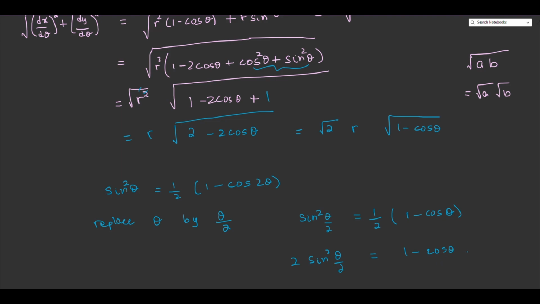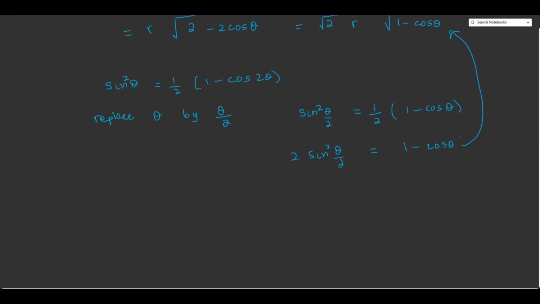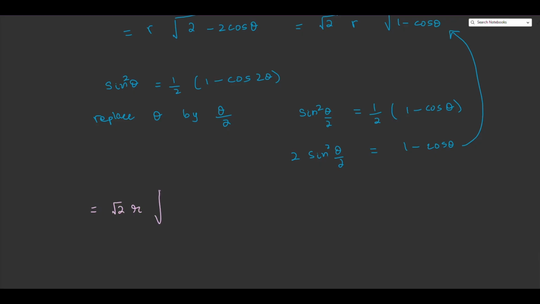Now you can substitute this value of 1 minus cosine of theta here, and we get square root of 2 multiplied with r, and under the root we have 2 sine square theta by 2.